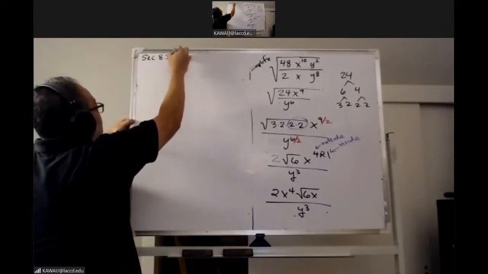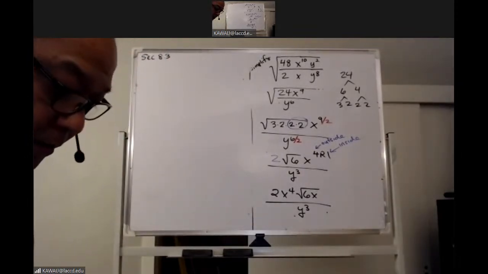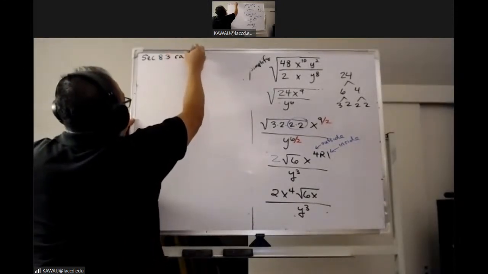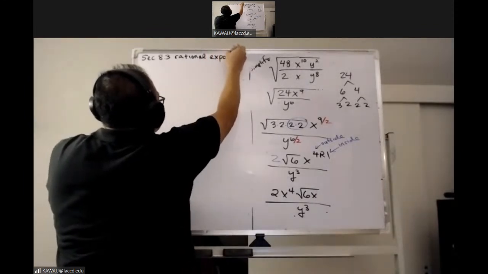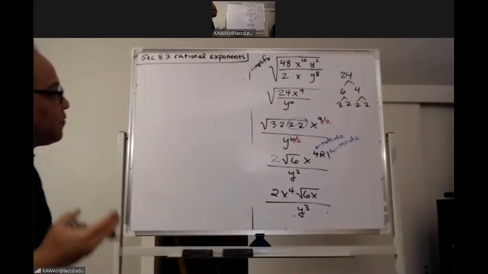Okay. And this one is rational exponents. Now, by rational, we mean fractions.